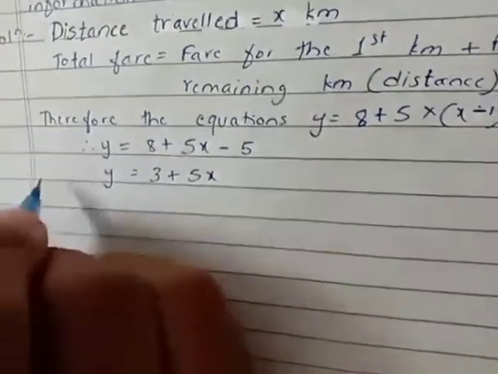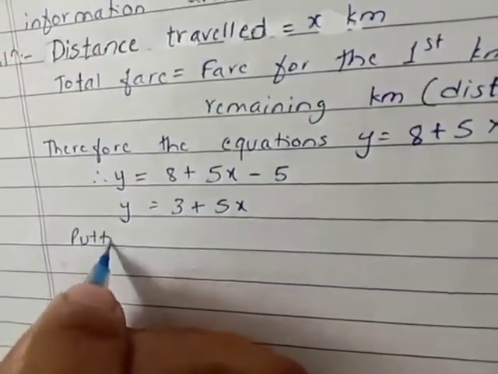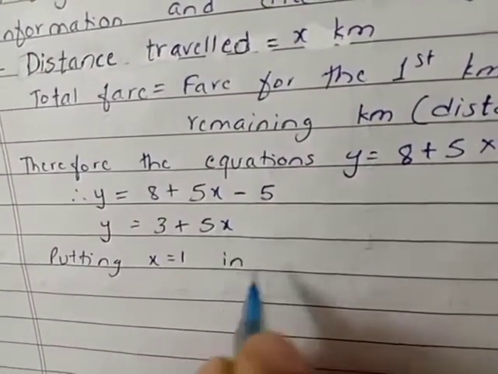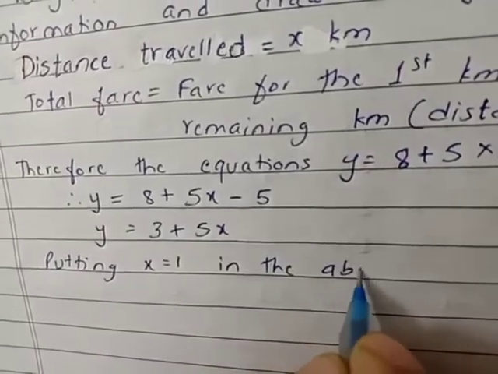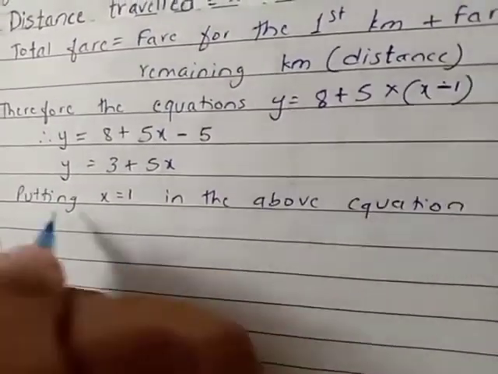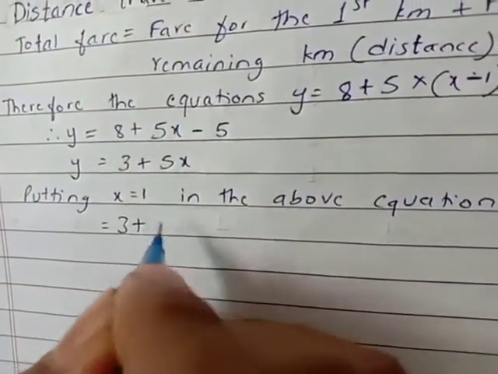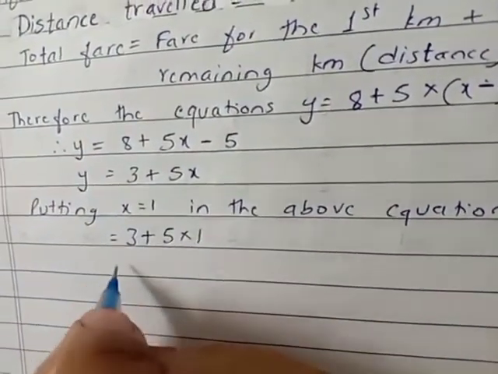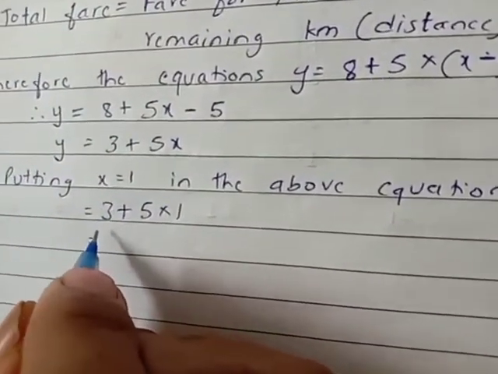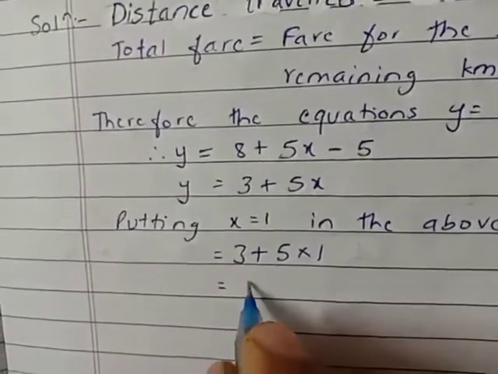Now what we will do? We will put x equal to 1 in the above equation. Now 3 plus 5 into 1. So what is the value of y? It is 8.